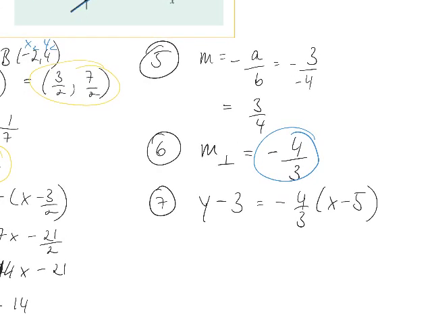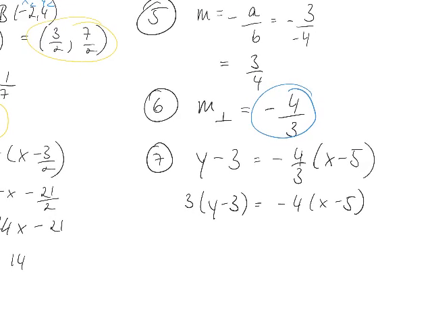So I multiply the left by 3 in order to get rid of the fraction. So I get 3y minus 3 equals minus 4x minus 5. So that 3 has gone over to the left. So I multiply this out. 3y minus 9 equals minus 4x plus 20.